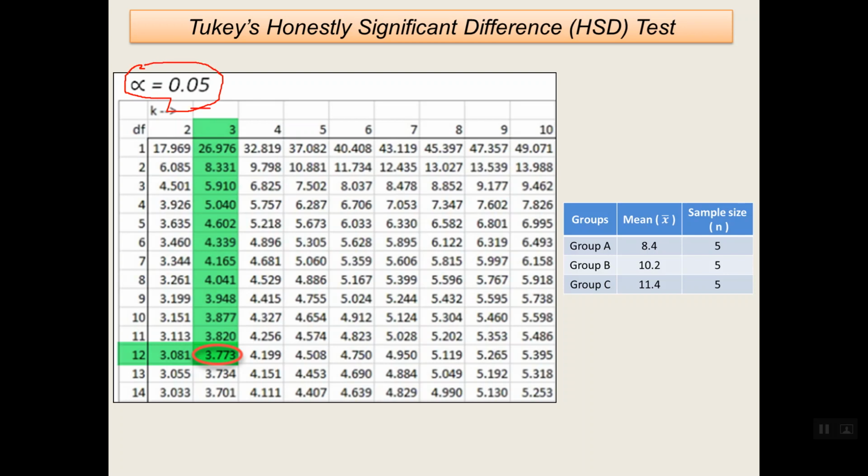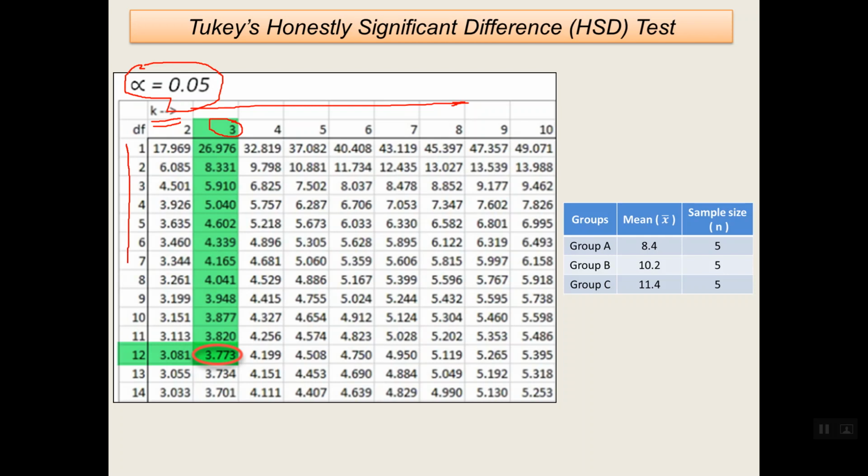This row here represents the value of K, and K means the level of the variable we are discussing. We have three groups, so the value of k for our question is 3.